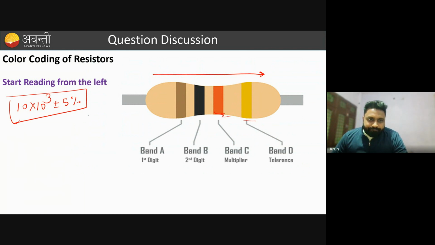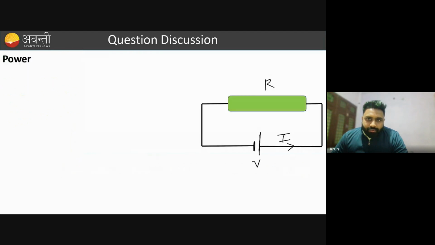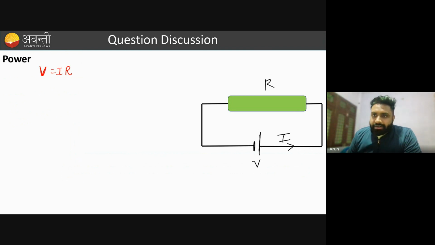Okay, got it. So for power, if I talk about it very quickly, because it is a revision series, we know that V is equal to IR. V is nothing but the work done by a conservative force per unit charge.